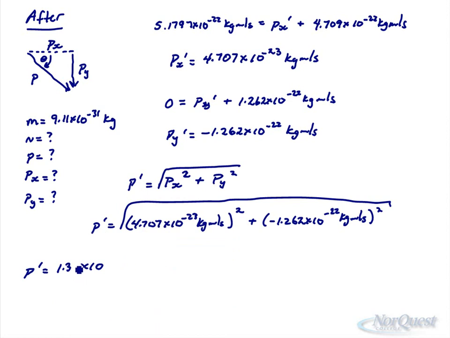I'll keep the actual value on my calculator, times 10 to the negative 22 kilogram meters per second.